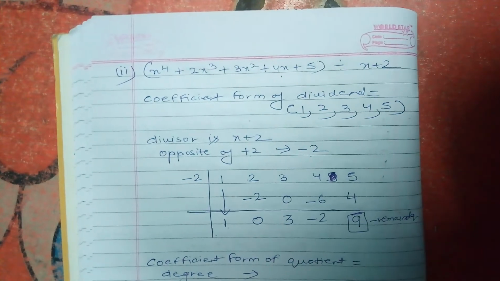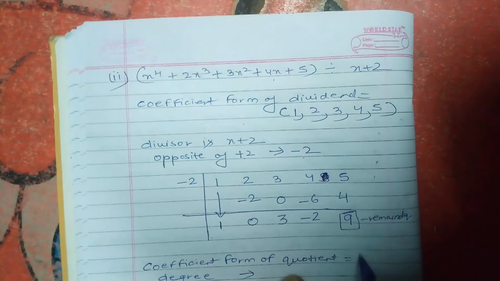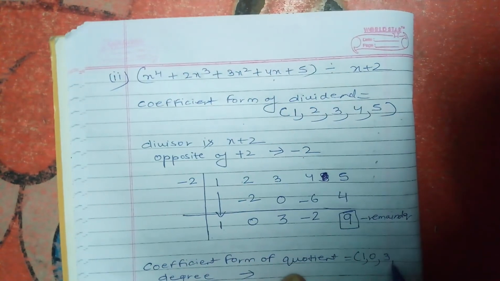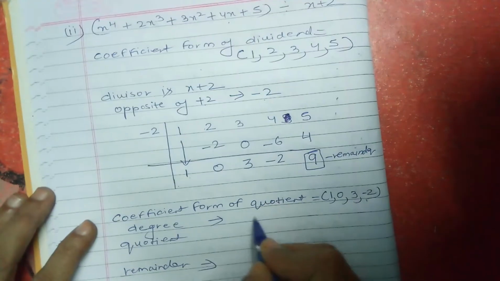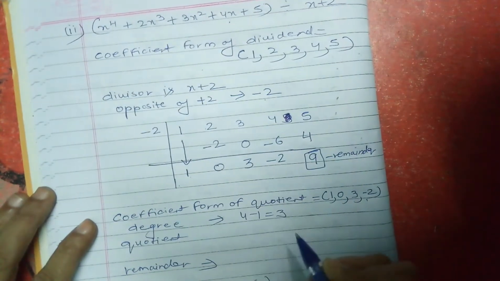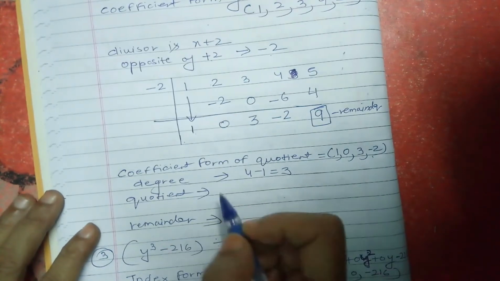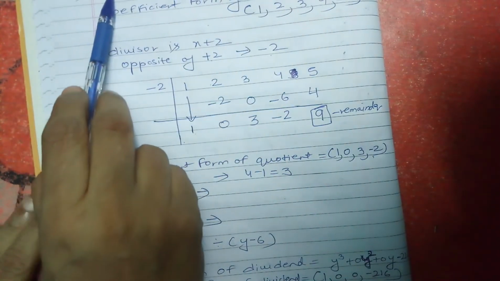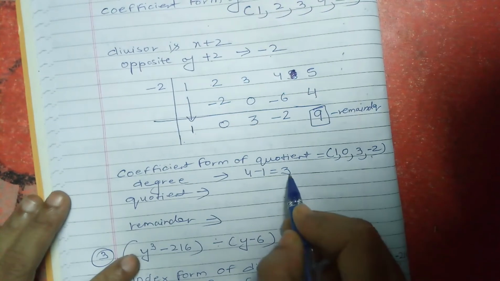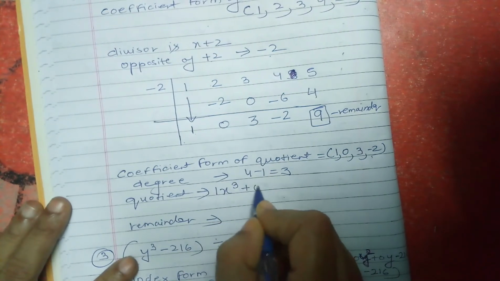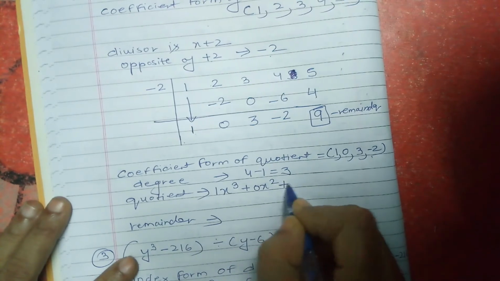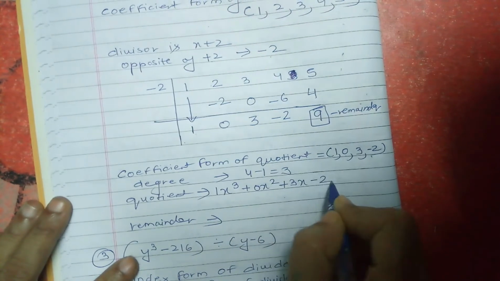So what is the coefficient form of the quotient? 1, 0, 3 and minus 2. How many terms are there? 1, 2, 3, 4. So degree is 4 minus 1, 3. So the quotient is what? Pay attention to the variable, it is x. So degree is 3, so we will have 1x cube plus 0x square plus 3x minus 2.